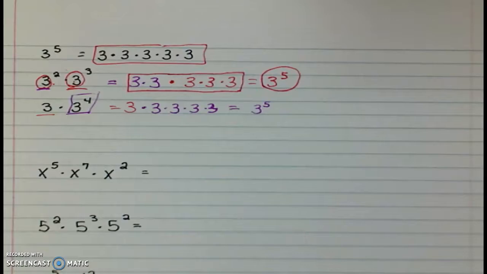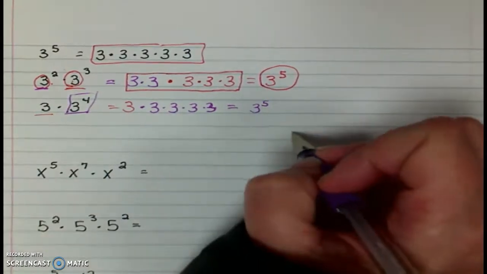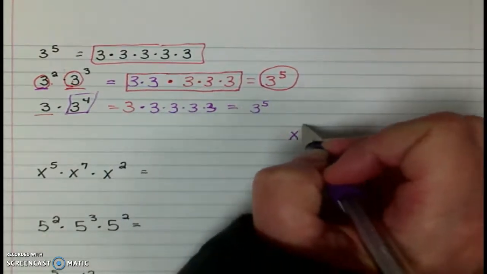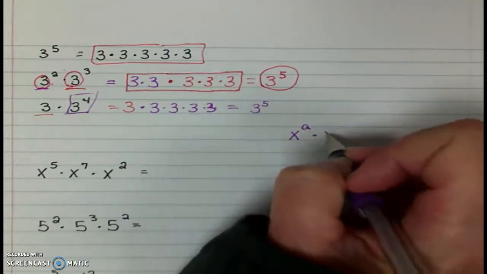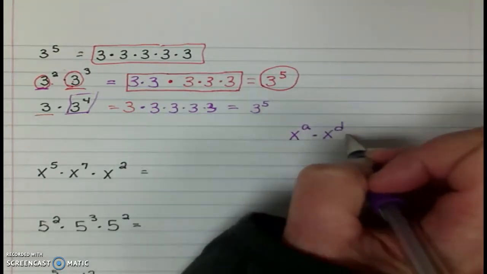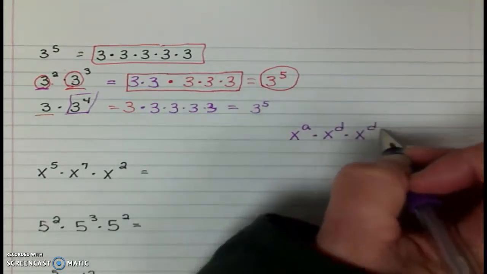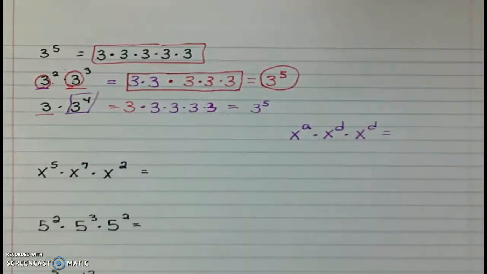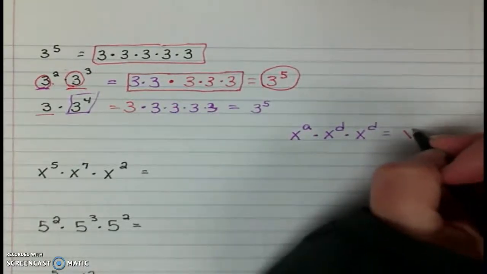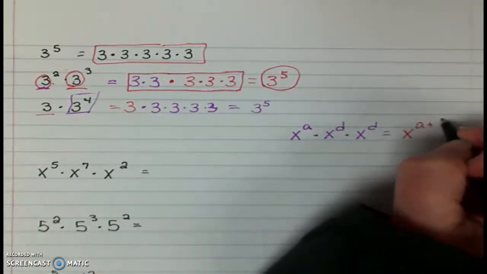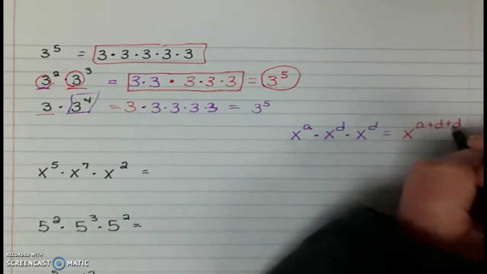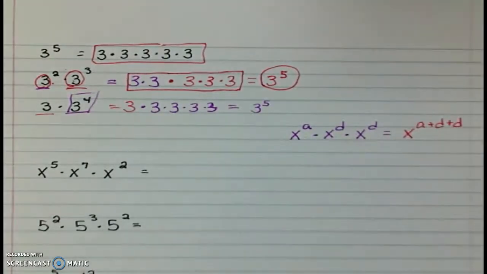So basically what the product rule for exponents says, if you're going to take x to the a power times x to the d power, your final answer is going to be x to the a plus d power. You add the exponents when you multiply like bases together.